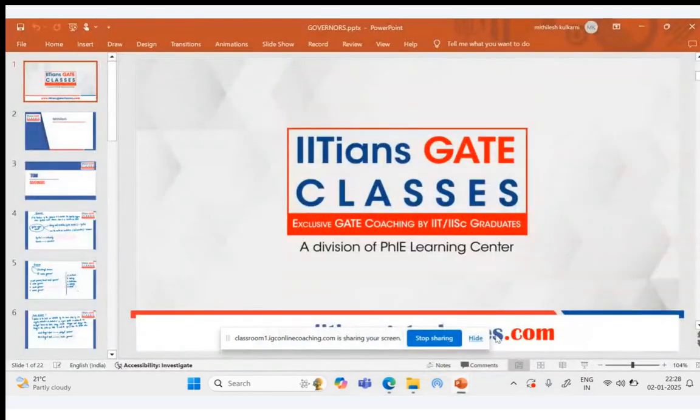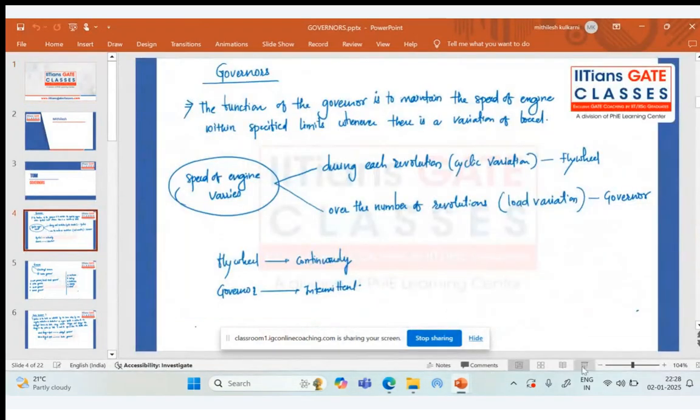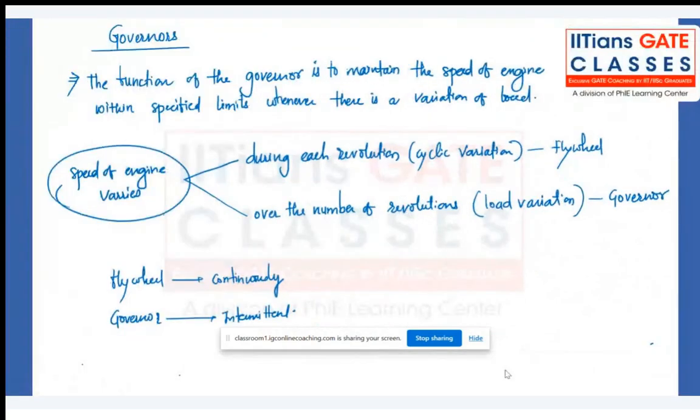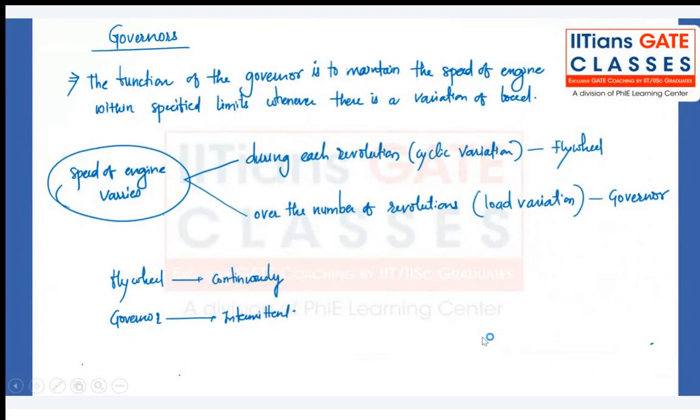Yes, so this is the theoretical part which we have studied in the governor. I'll explain what we have studied in this. We understood the purpose of the governor is to maintain the speed of the engine by controlling the supply of the fuel.